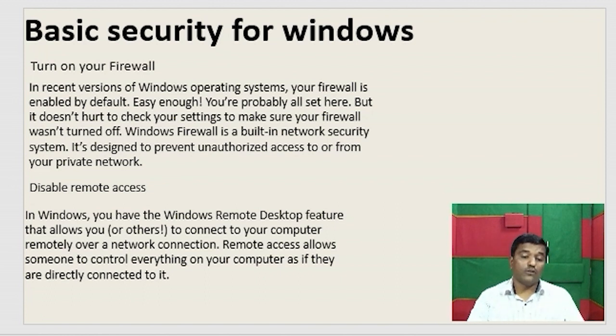Next is disable remote access. In Windows 10, you may have the Windows Remote Desktop feature that allows you to connect to your computer remotely over a network connection. Remote access allows someone to control everything on your computer as if they are directly connected to it. Unfortunately, hackers can exploit Windows Remote Desktop.